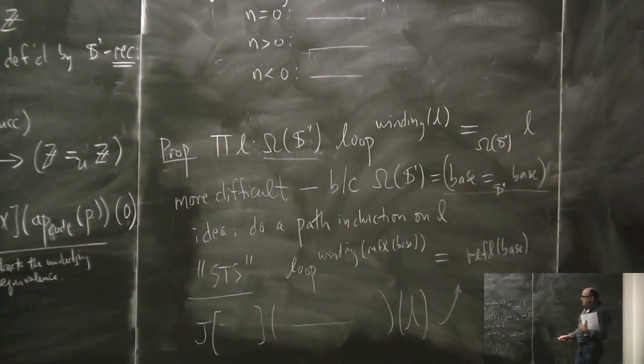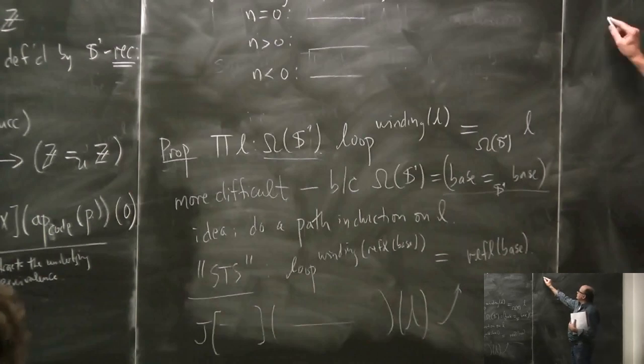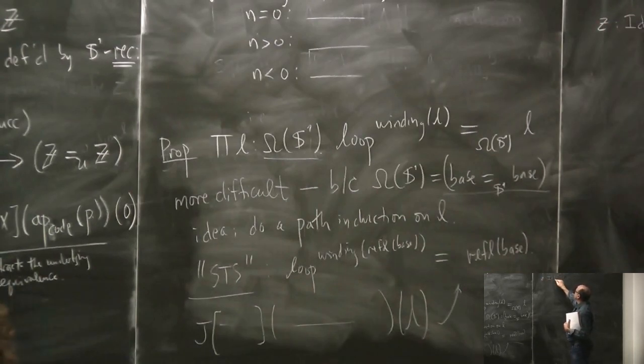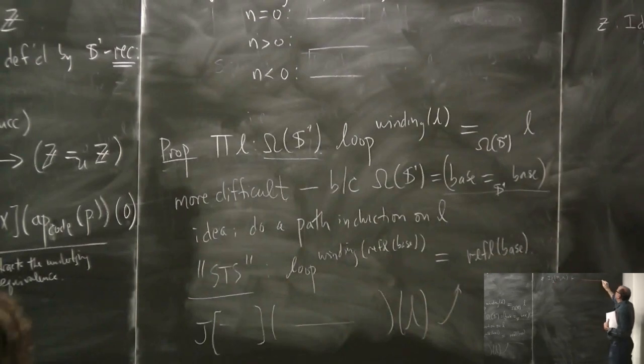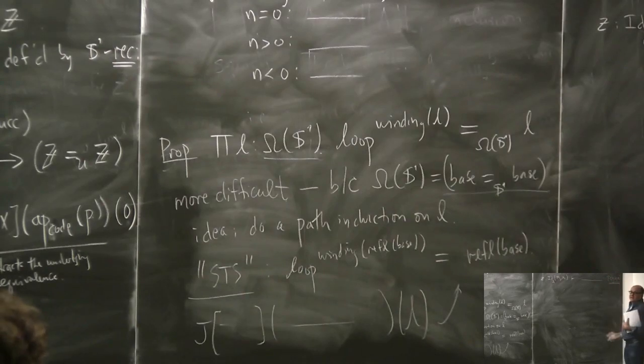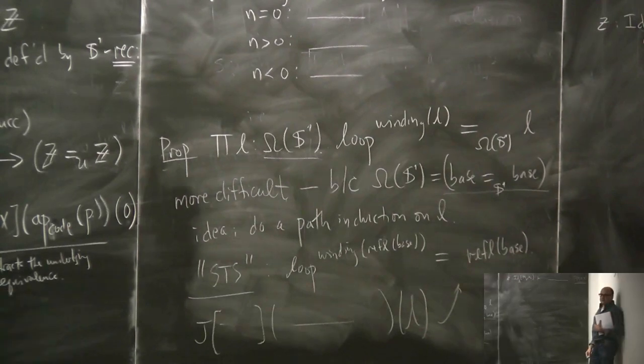Okay? The problem is that what path induction lets you do is reduce a fact. Let me write it in the most abstract sketch form to remind you. It lets you prove a property P of M, N, and Z. That's the form of path induction.